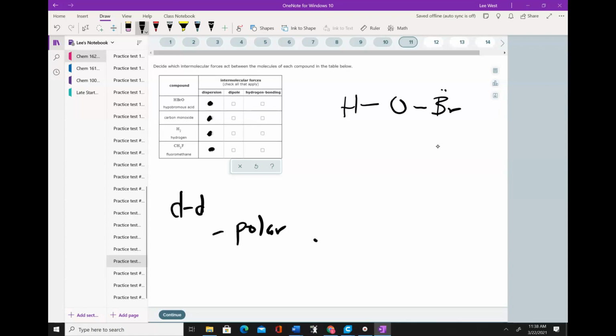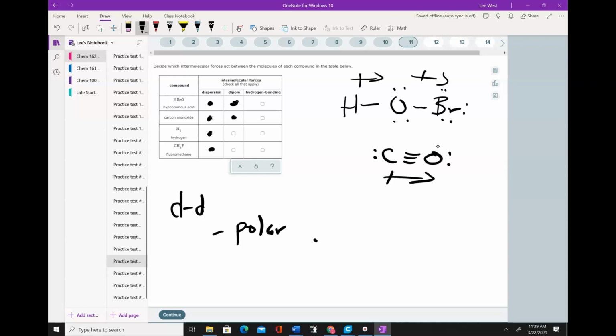We could look it up, but you can see there's no way of arranging 3 different atoms so that it wouldn't be polar. It's impossible. So that's definitely going to be polar. Now carbon monoxide has a Lewis diagram that looks like that, and again that's definitely going to be polar.